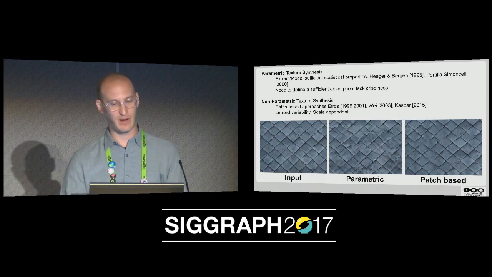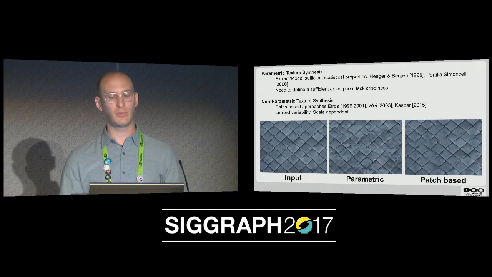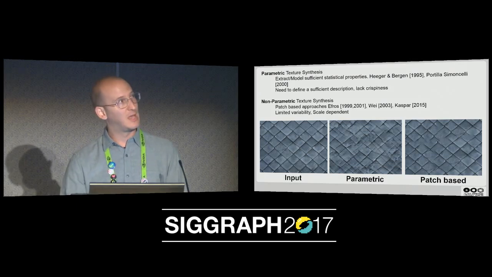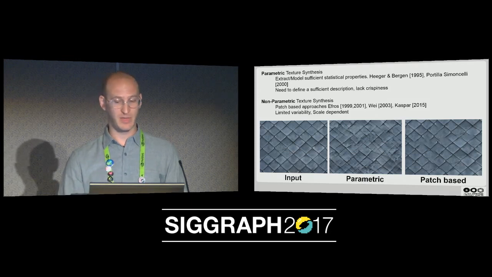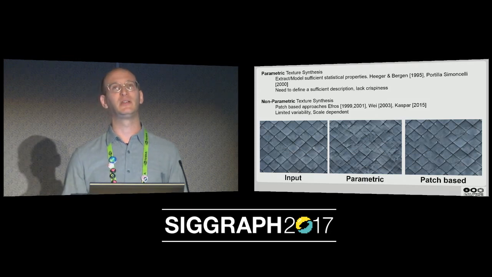Now, a difficulty of parametric methods is defining or coming up with these sufficient statistics. And in addition, our personal impression is that a limitation they usually depict is a lack of crispness in the final output result. A limitation of the non-parametric methods is in their ability to create variability in the result.